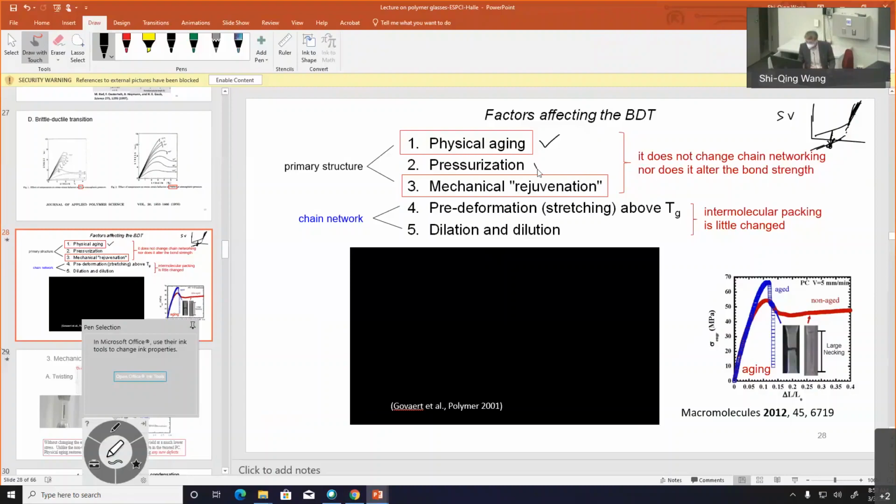There's another thing called pressurization. It turns out there were several classic studies in the past. My polystyrene that's brittle at room temperature, if I hydrostatically pressurize it and then do the same experiment, they find this polystyrene turns ductile.